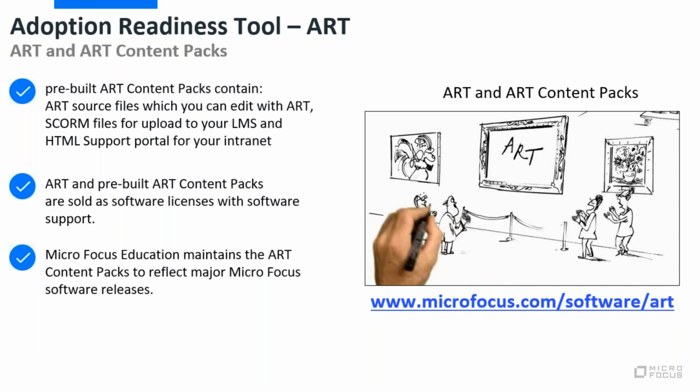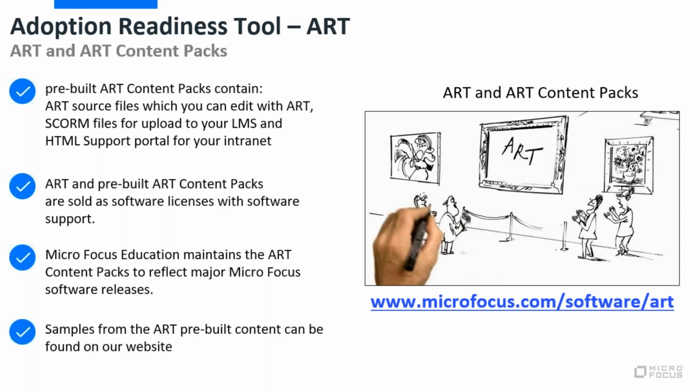So if you have bought, for example, the ALM Octane content pack or the ArcSight content pack, and a newer version of this Microfocus software comes onto the market, then we will assess that and we will add additional content to reflect this newer version of ArcSight. And then we'll make a newer version of that content pack available in the entitlement portal. So you can download that. As long as you have support on that content, you can download newer versions of the content.